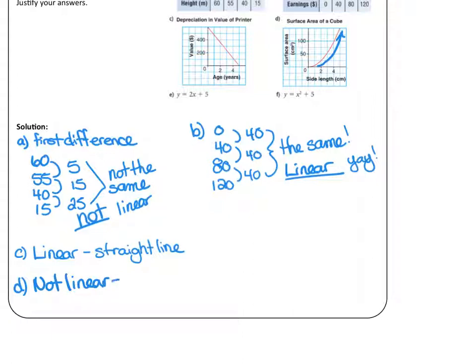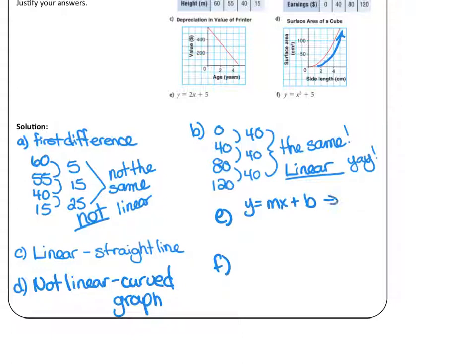And then I might say why, and you can say because it's not a straight line or it's a curved graph. Any one of those reasons is enough to say it's not linear. The last one, E and F. Now, when you are looking at the equations, they have to look like y equals mx plus b.